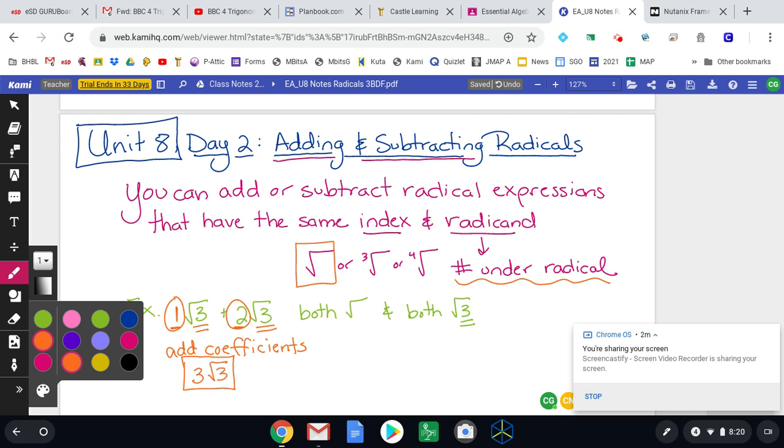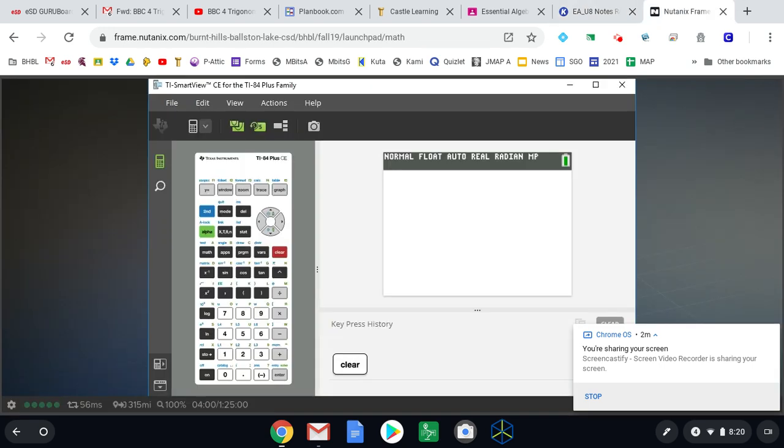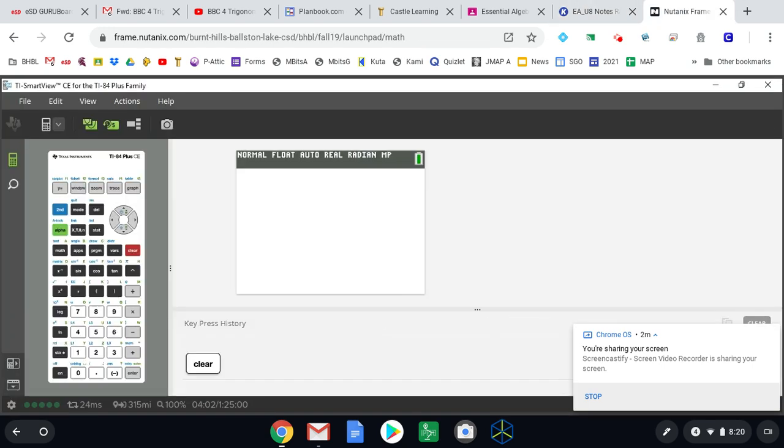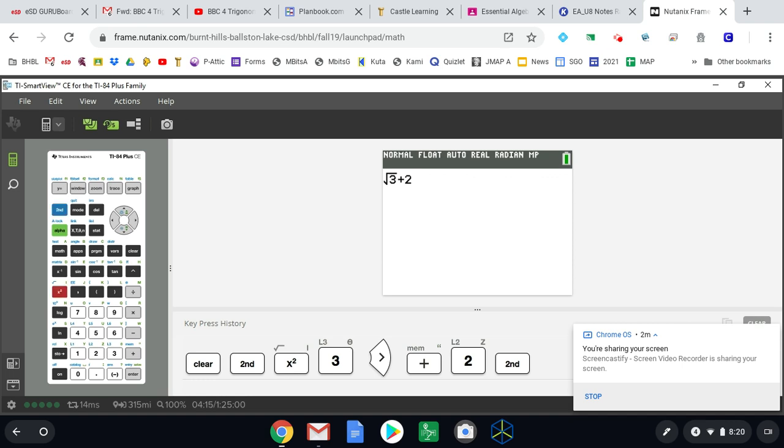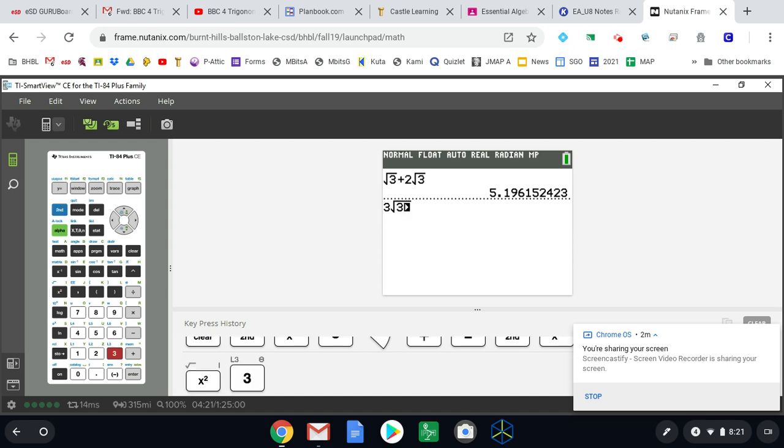Okay. I can double check my answers by going to my calculator. If I take the square root of 3 and I add 2 radical 3, and I hit enter, I can double check. That's going to be the same as 3 radical 3.